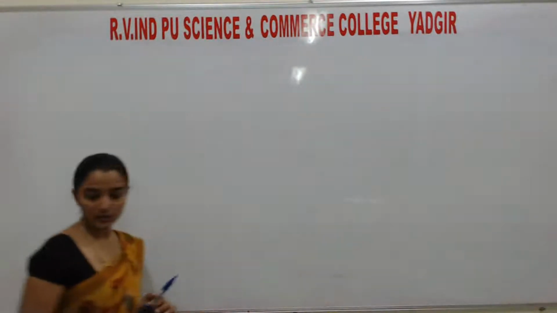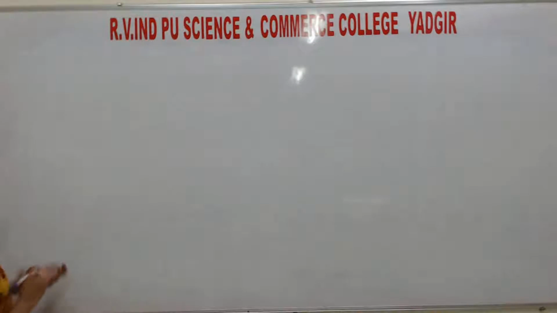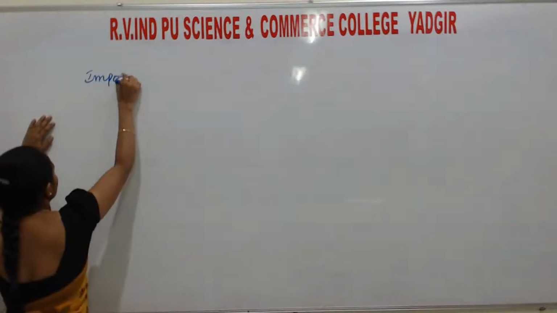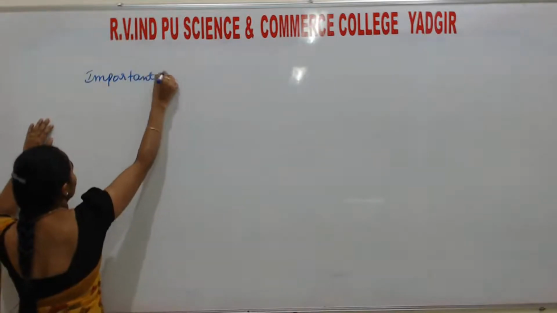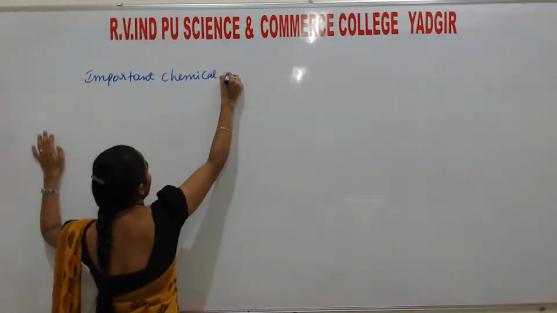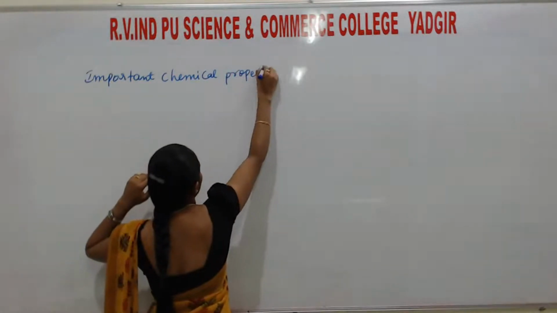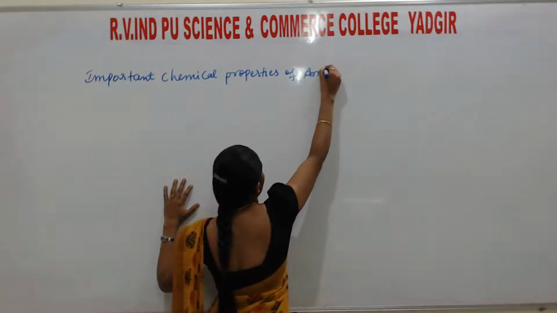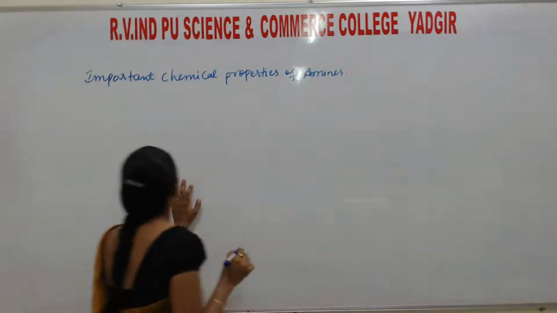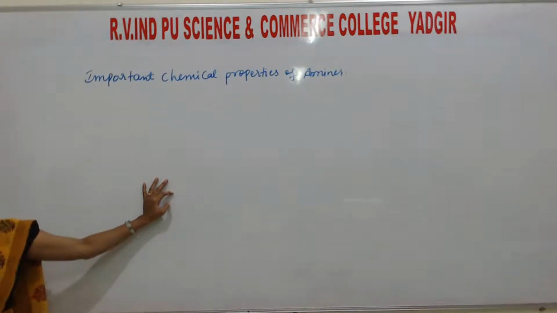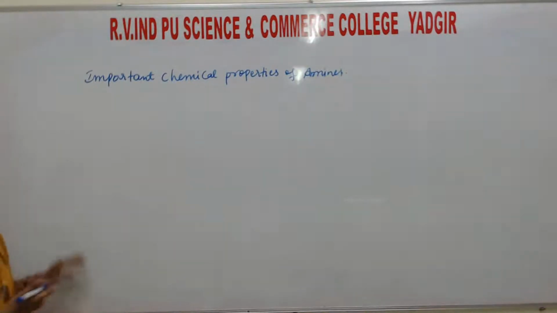Students, in the important chemical properties, the first one is acylation.